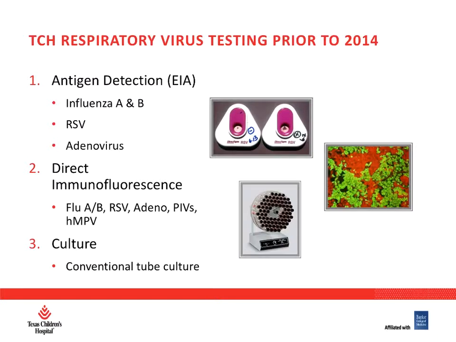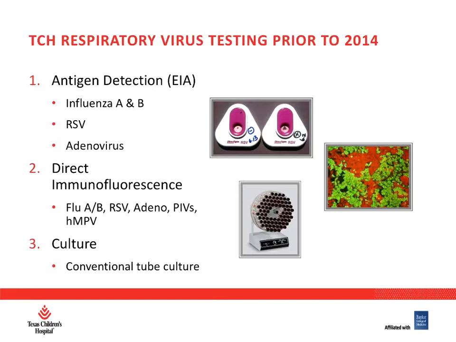So several years ago, prior to 2014, these were the kinds of modalities that we had in place at Texas Children's. We did have antigen detection that was performed basically 24/7, but just for flu A and B and RSV and adenovirus. There's the rapid antigen test for adenovirus that's been approved for conjunctival specimens.